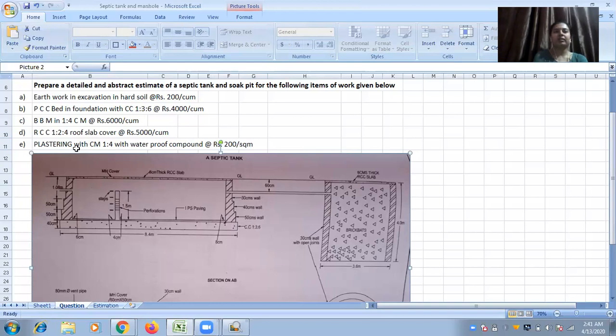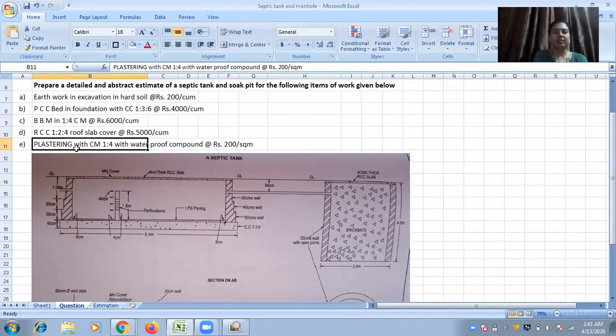They may or may not mention inside or outside plastering. But if they mention only plastering work, you should remember it is done only for inside walls, not for the outside. And for the soak pit, plastering will not be done inside as well as outside.